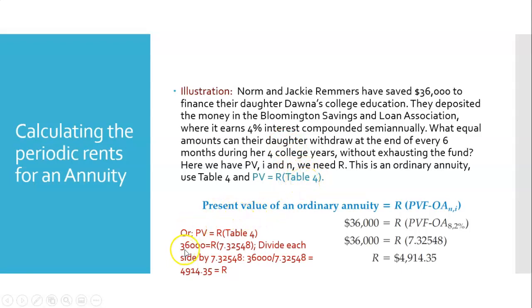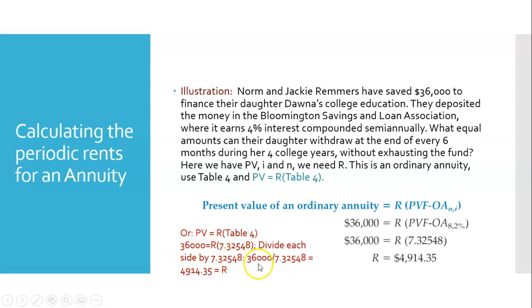Down here in the red, here's our formula: PV equals R times table 4. We put in our numbers. Our PV is 36,000 equals R, our unknown, times the table 4 value for 2% and 8 periods, which is 7.32548. Now I need to divide each side of the equation by 7.32548 so that the R is by itself.